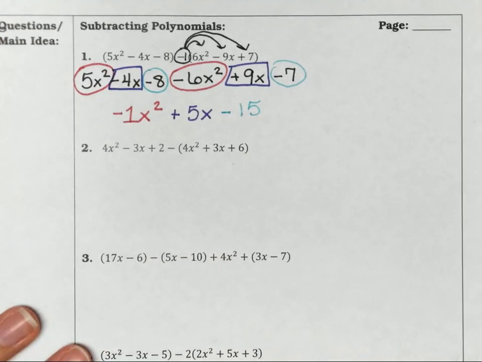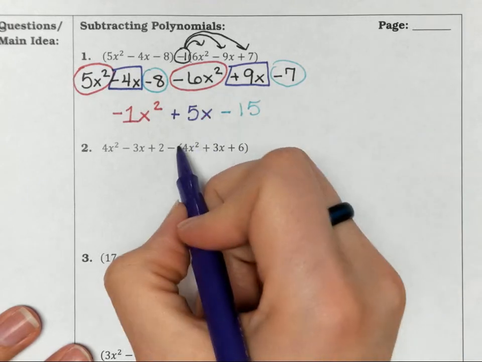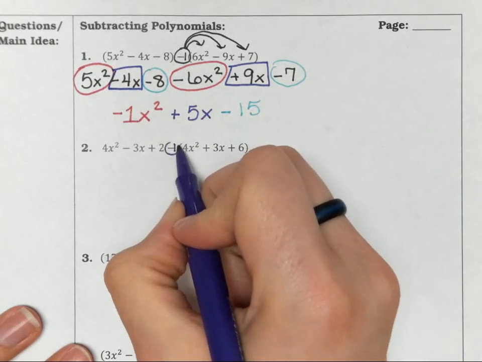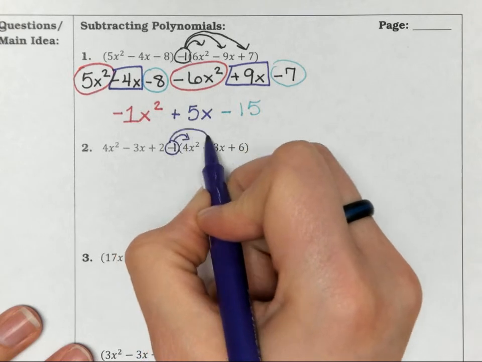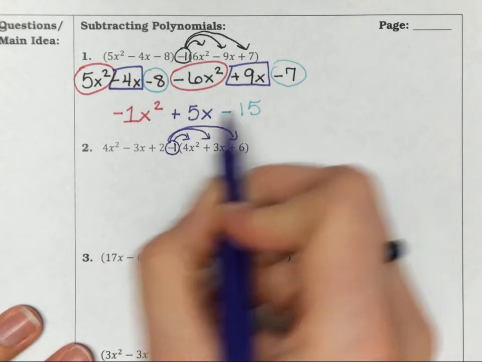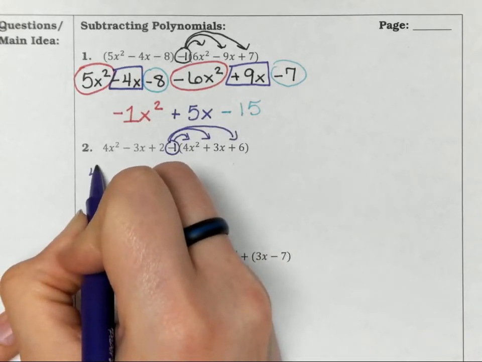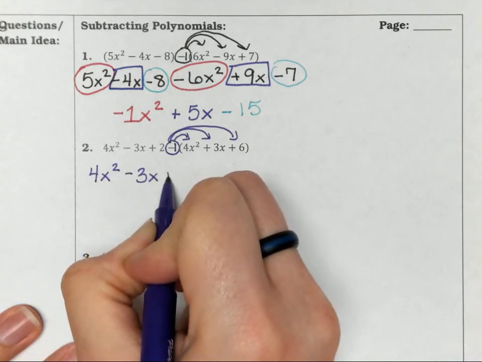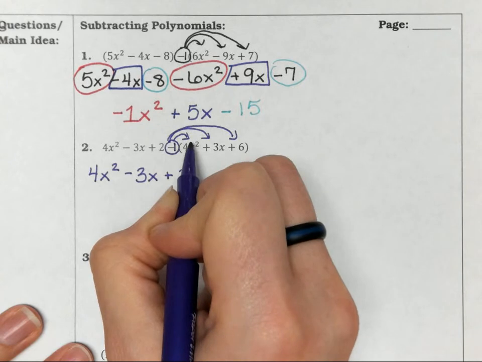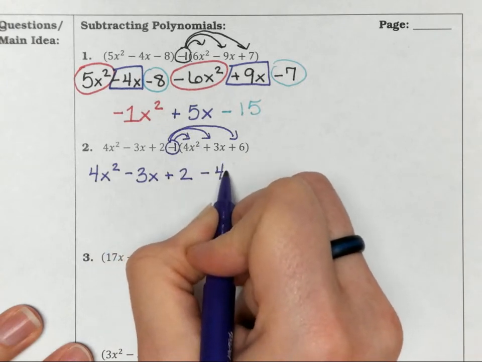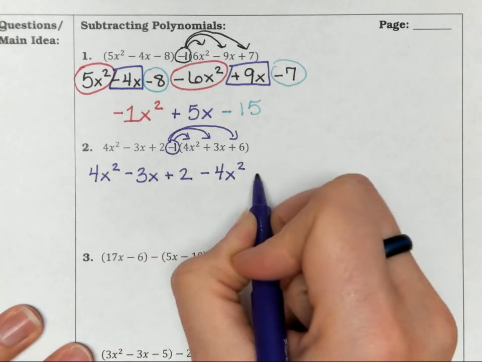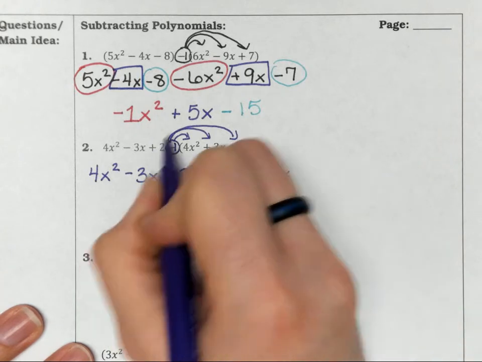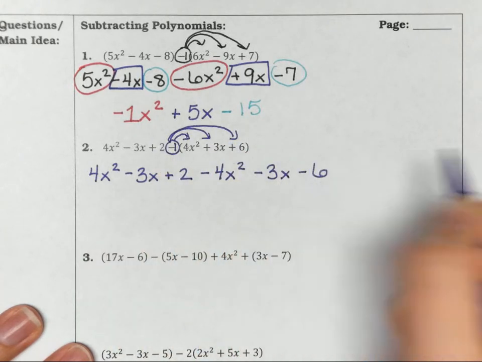Number 2, same thing. I have a negative 1 here in front that gets distributed. So I'm going to rewrite the first part, 4x squared minus 3x plus 2. I'm going to distribute this and get negative 4x squared, negative 3x, negative 6.